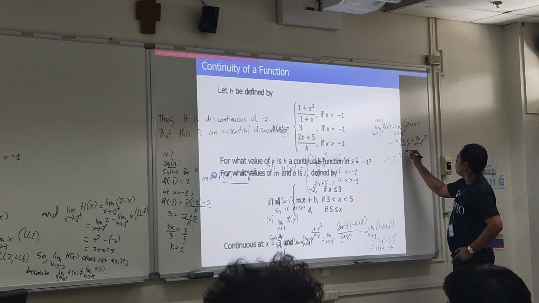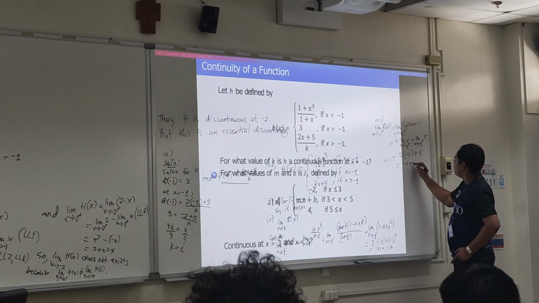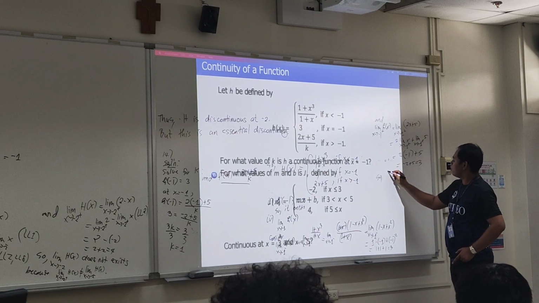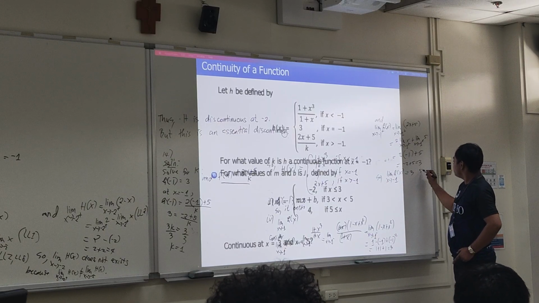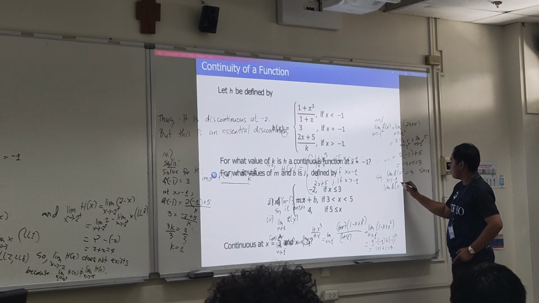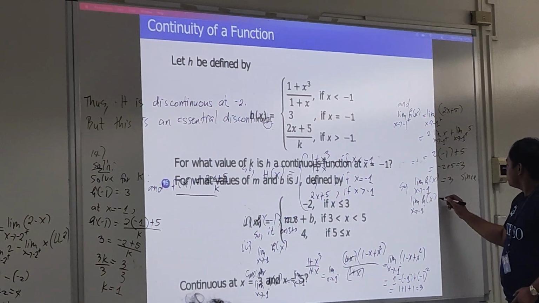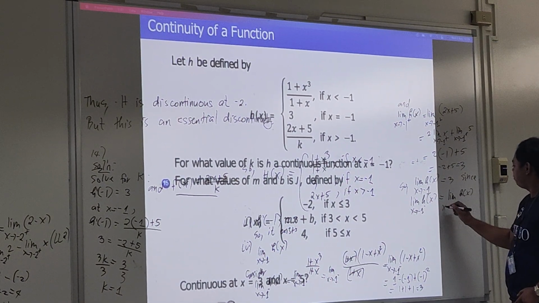And this will give you 2 times -1 plus 5. And this will give you -2 plus 5, which gives you 3. So the limit of h of x as x approaches -1 is equal to 3, since the limit from your left-hand side is equal to the limit from your right-hand side.